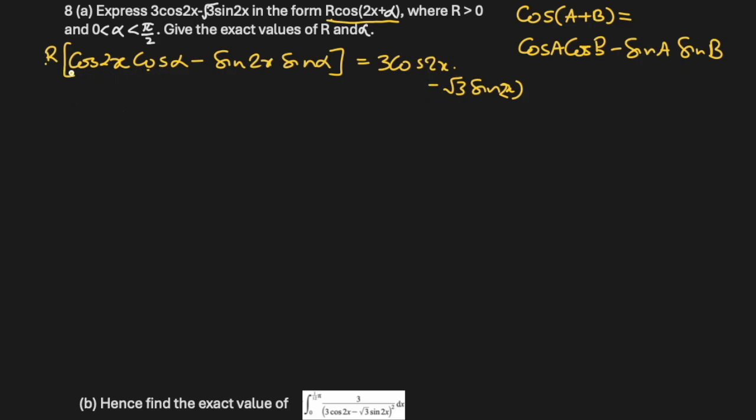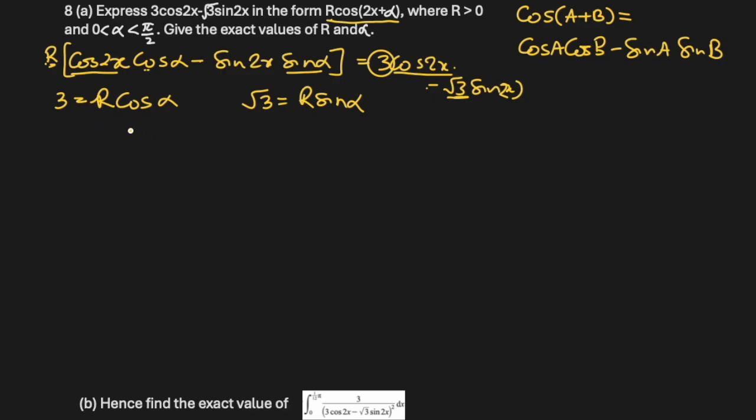Cos 2x is here, cos 2x is here. So the remaining part is 3. So that 3 will be equivalent to r cos alpha. Similarly, there is minus here, there is minus here. Square root 3 will be equal to r sine alpha, because sine 2x is in both.